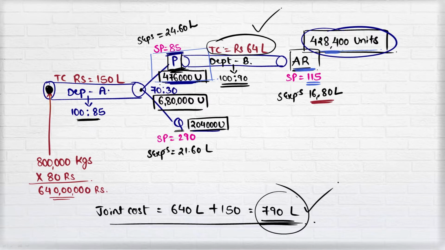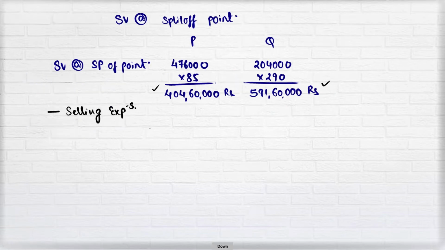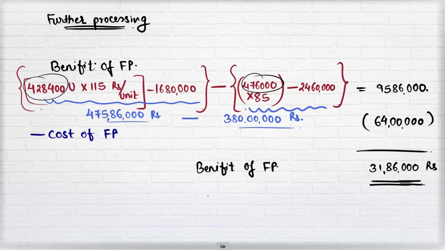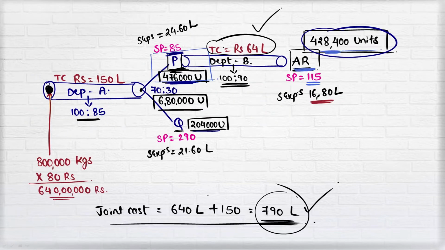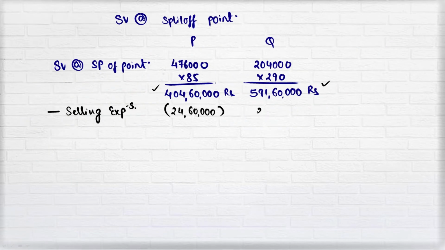Selling expenditure is 24,60,000 for P and 21,60,000 for Q.